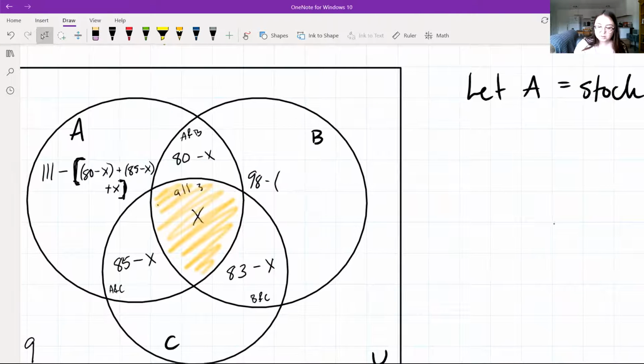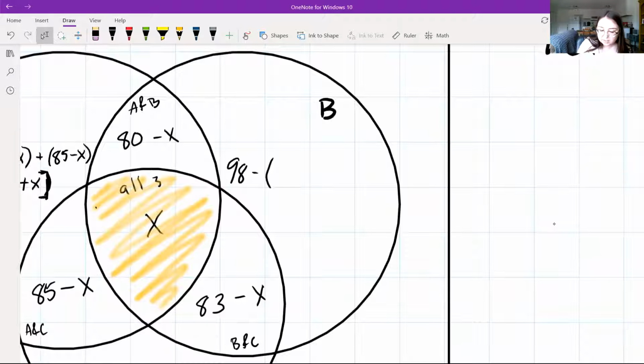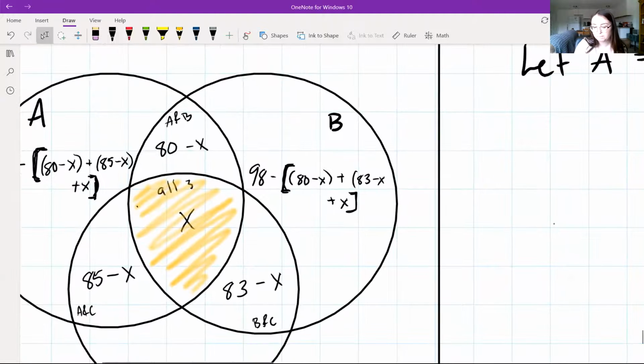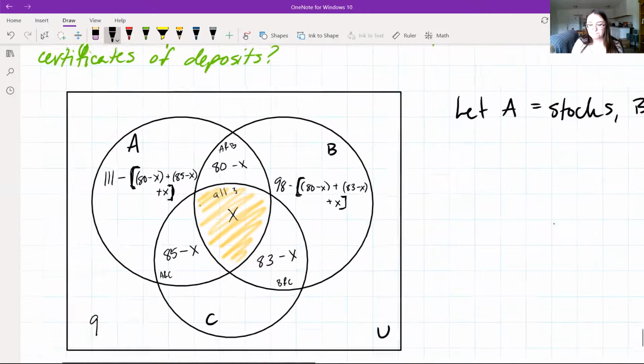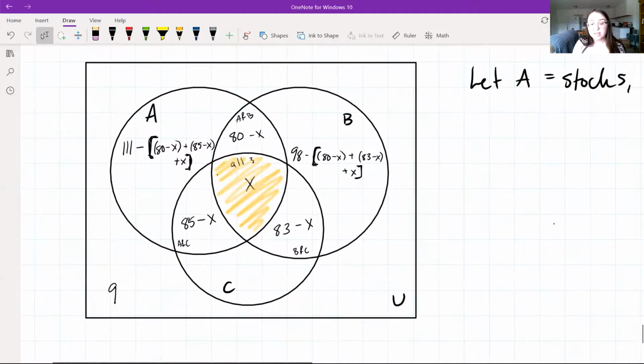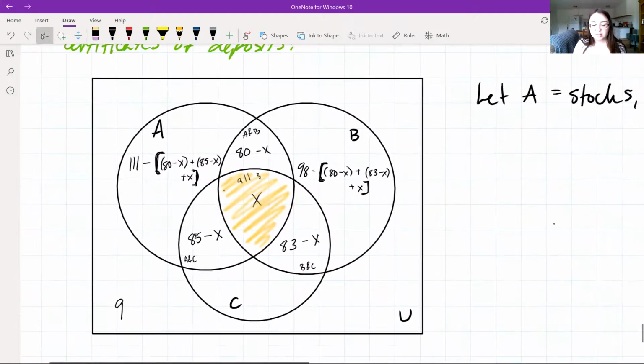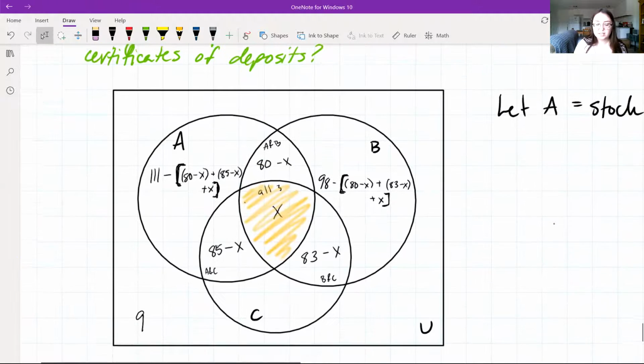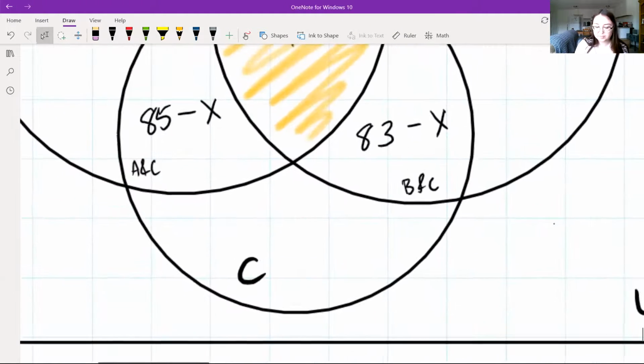So we want to add up these 3 regions. So we have 98 minus 80 minus X plus 83 minus X plus the actual value of X. Putting these in brackets now. All right. Then our last region, our certificates of deposits, we had 100 people invested in certificates of deposit.